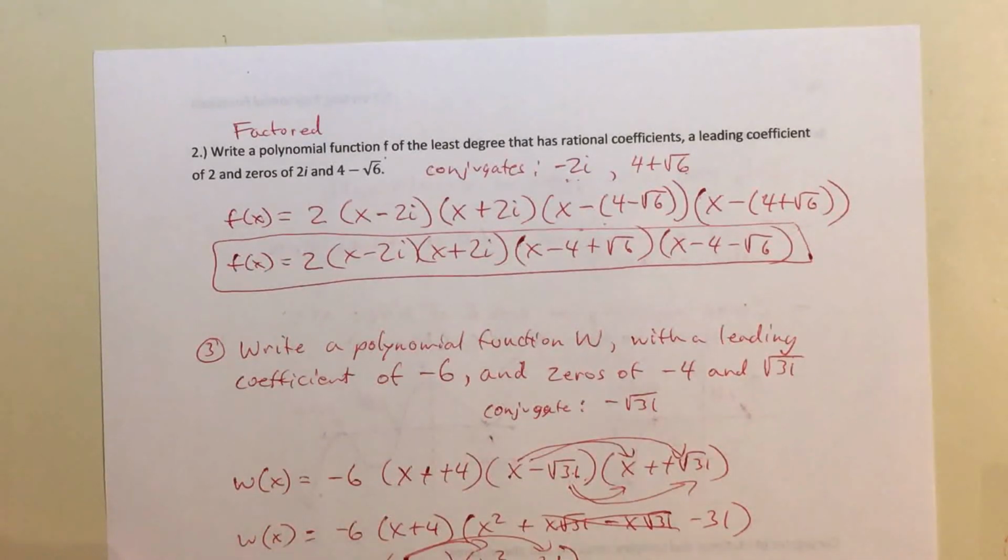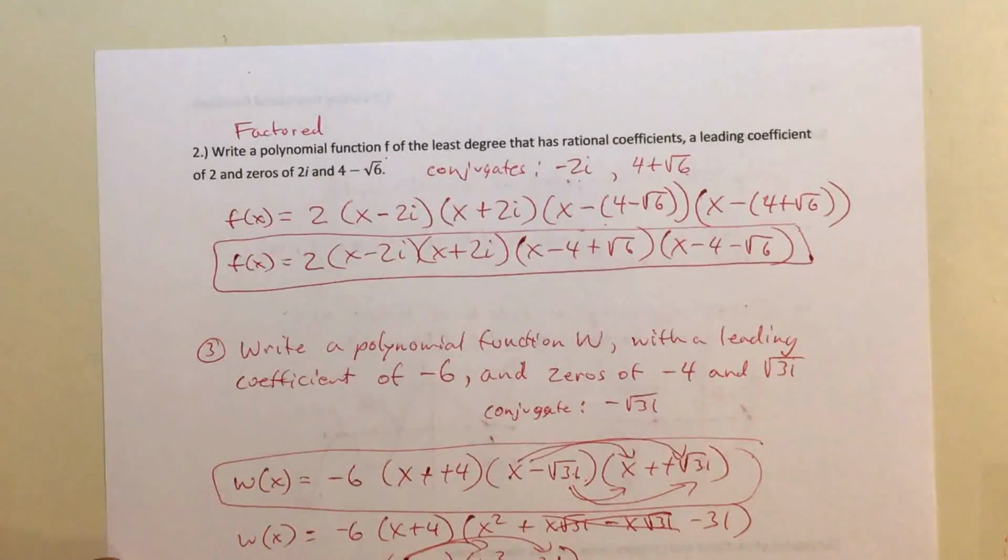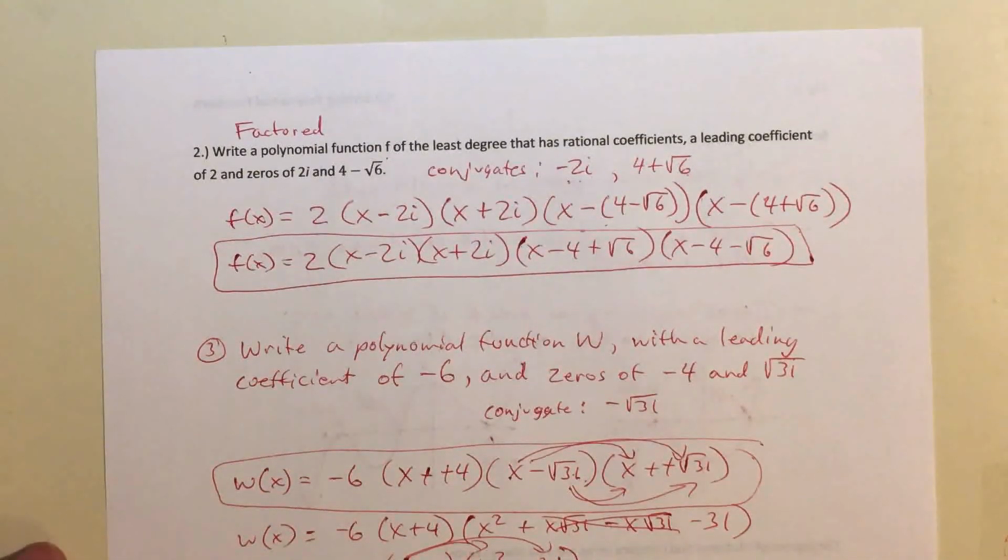And then negative 6 times negative 124, that's positive 744. And that, my friends, is standard form. If you're keeping track up here, after you change the signs, that was the factored form. And here's our answer in standard form.